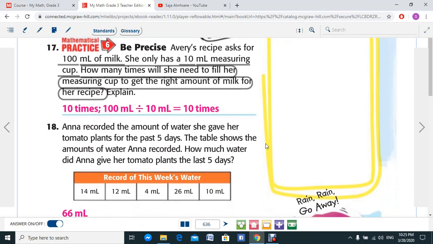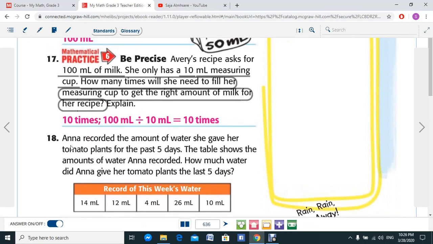Okay, now question 18. Anna recorded the amount of water she gave her tomato plants for the past 5 days. The table shows the amount of water Anna recorded. How much water did Anna give her tomato plants in the last 5 days? Now look, on the first day, 14 milliliter.